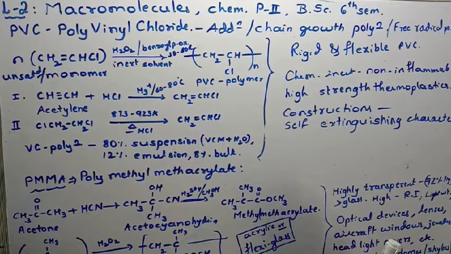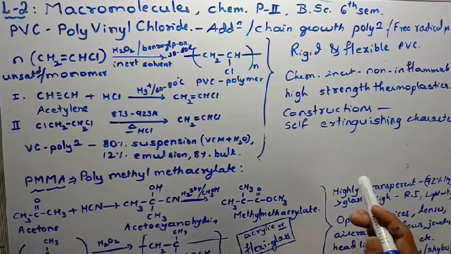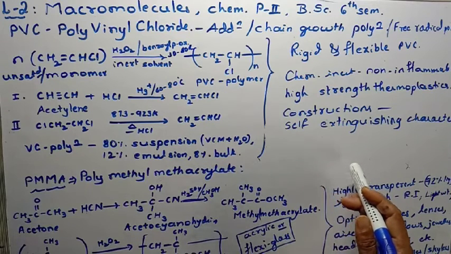And also in the medical field, they are used to make medical instruments, that means parts of medical instruments or devices, and also blood bags, etc. So it has a large number of applications or uses.